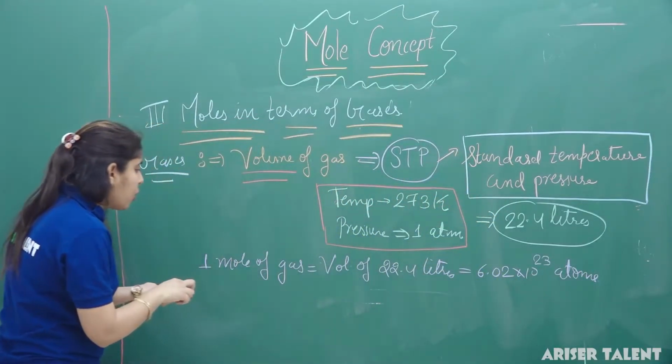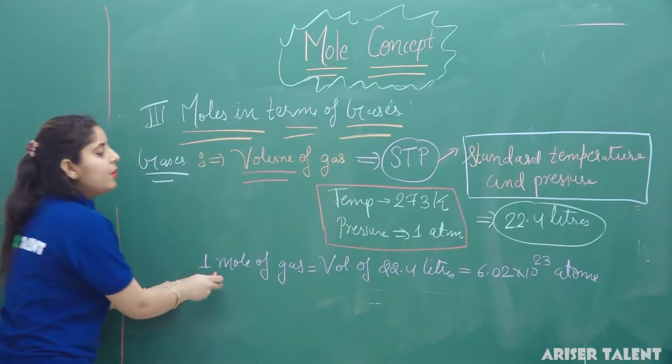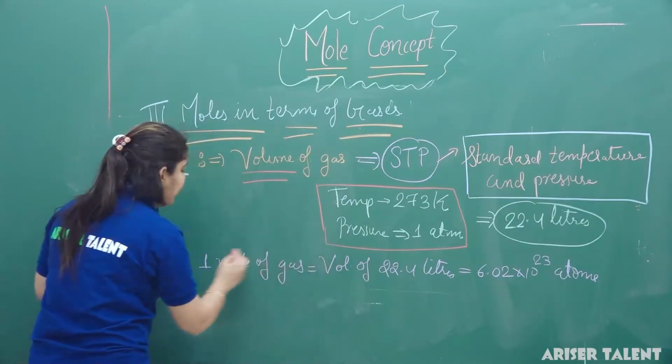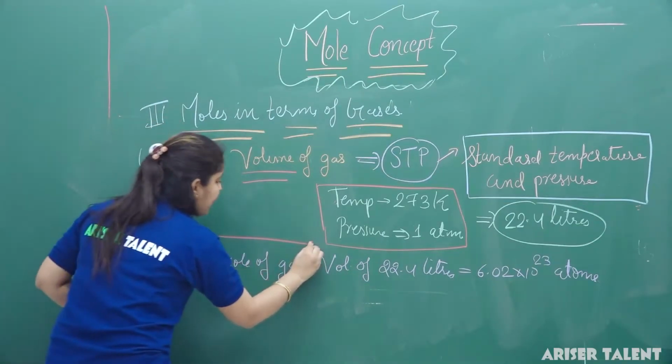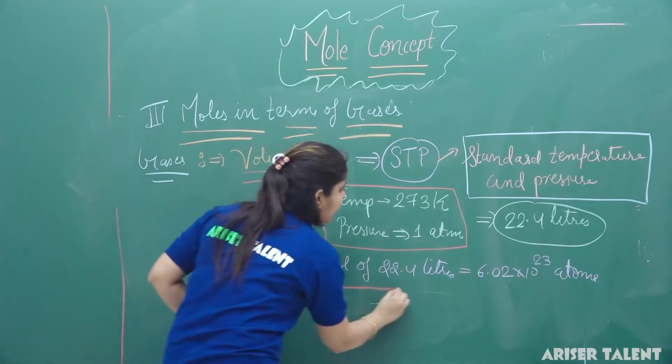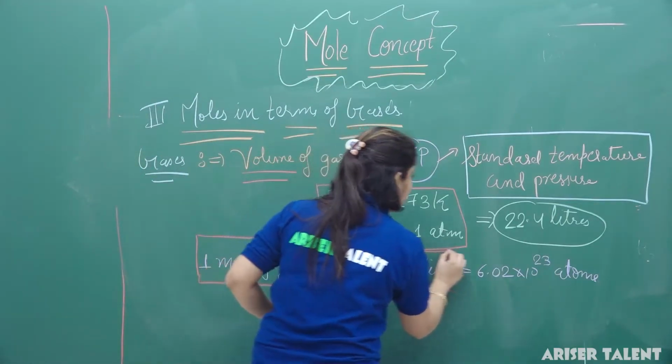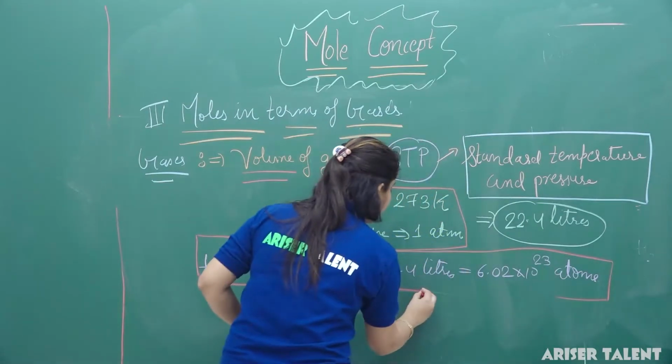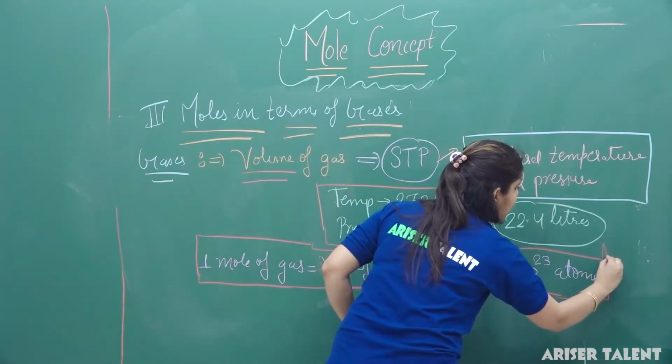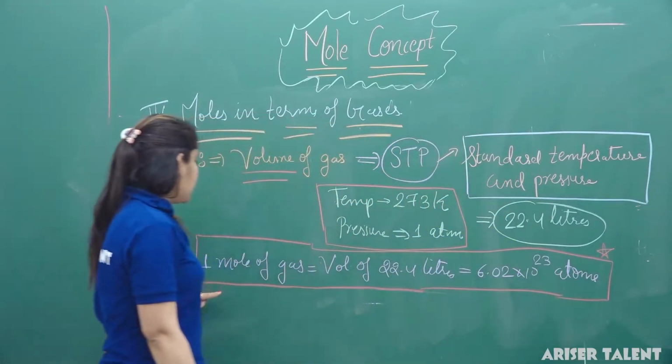So, if we are talking about 1 mole of gas, it will be at the 22.4 liters standardized volume, and this will be calculated as 6.02 into 10 raised to the power 23 atoms. So, it is about the mole concept in terms of volume.